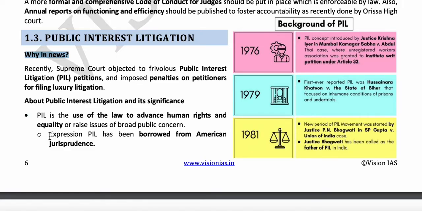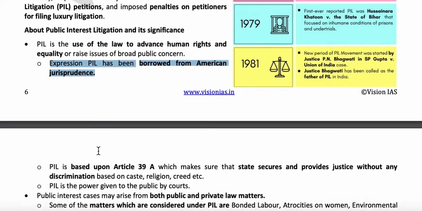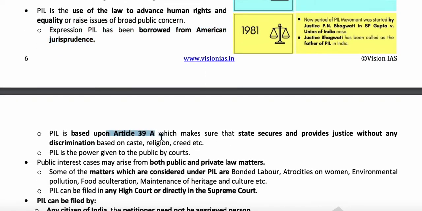Public interest litigation was based on Article 39A, which means equal justice and free legal aid. Based upon this concept, PIL was introduced.